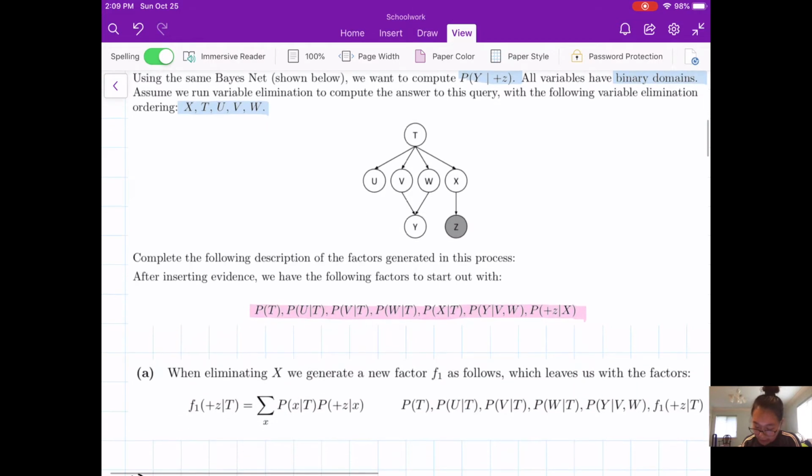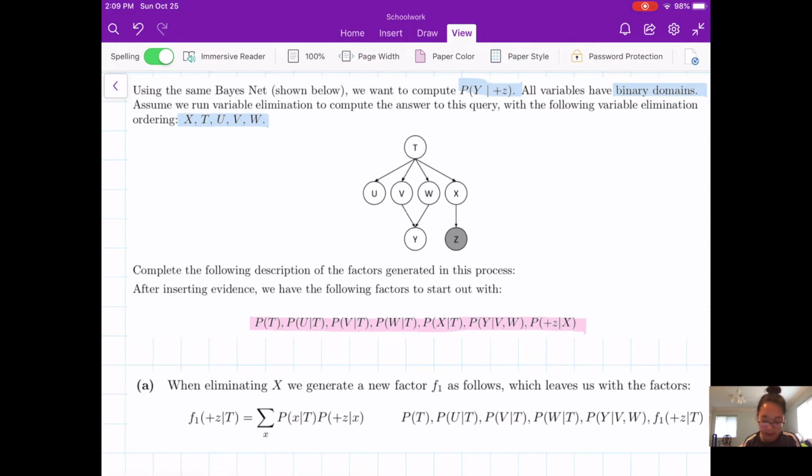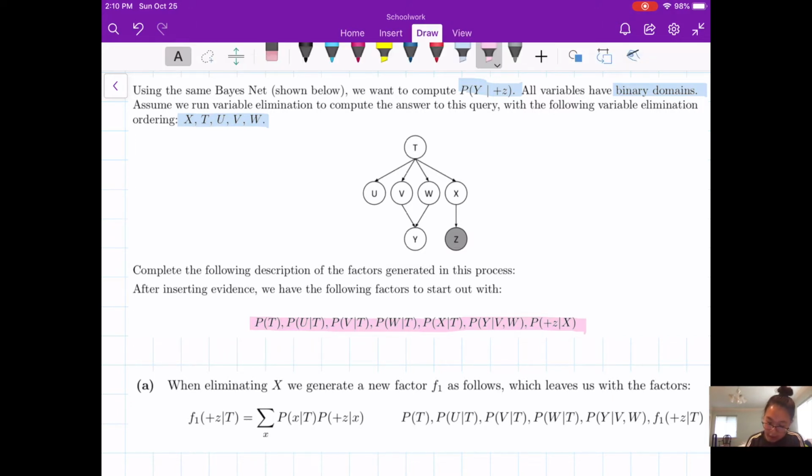And part A has actually already been given to us as an example, so I'm just going to quickly talk over that, and then hopefully that will get you the idea of how we do variable elimination. So right now we are next going to eliminate x and generate a new factor f1. Since we're eliminating x, we want to go through our current list of factors and see what factors have x in them.